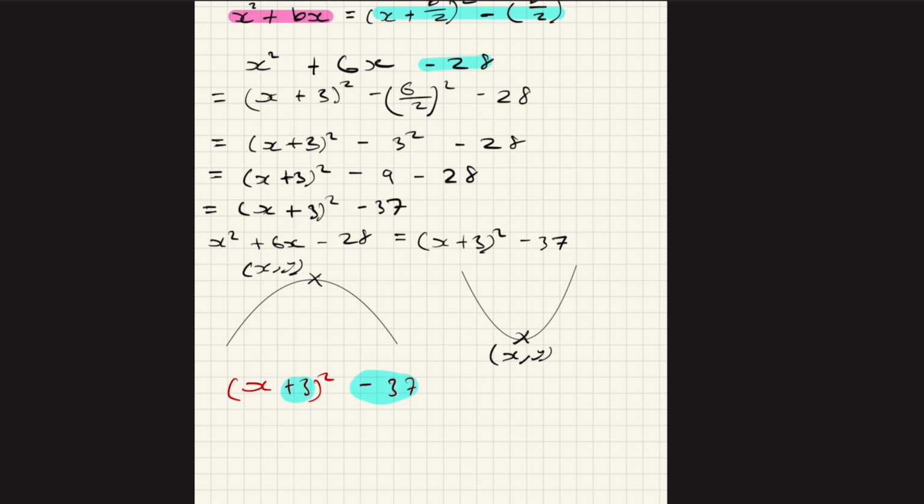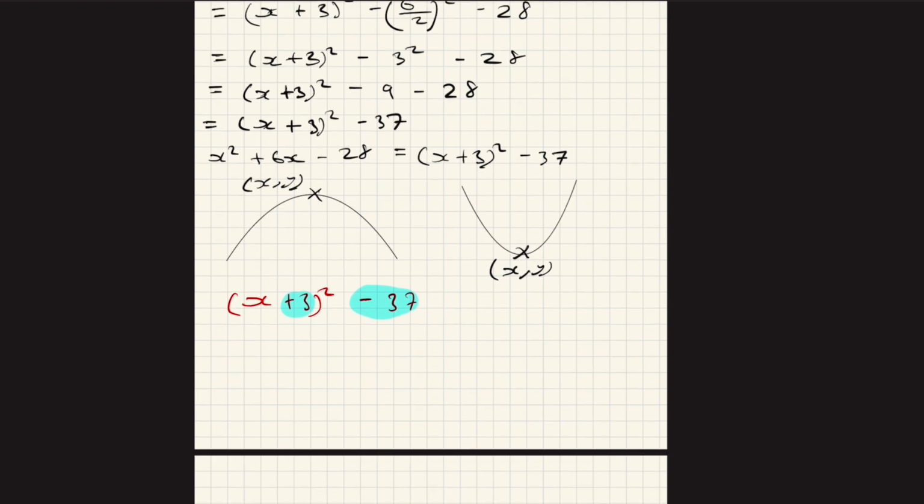This plus 3 is our x term, and this minus 37 is our y term. But before we write this out, we must remember that with x and its rules, when it's inside the bracket, it must turn to a minus.